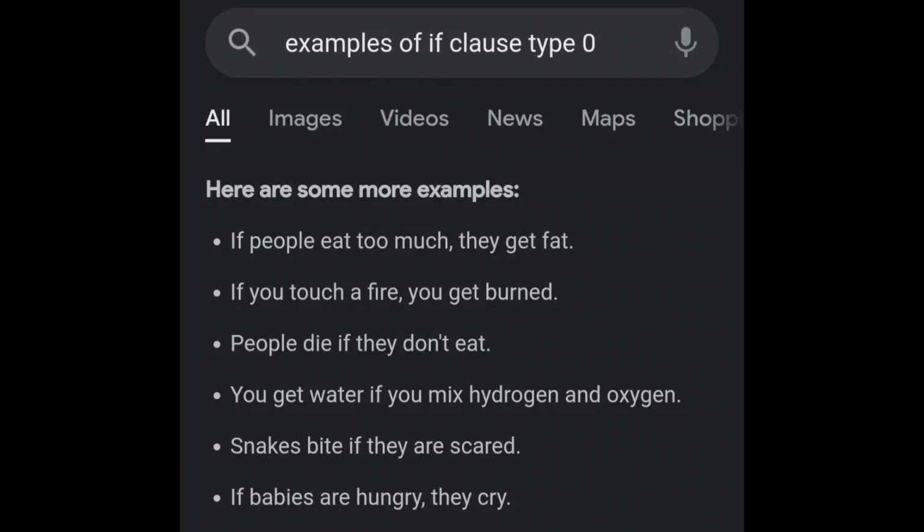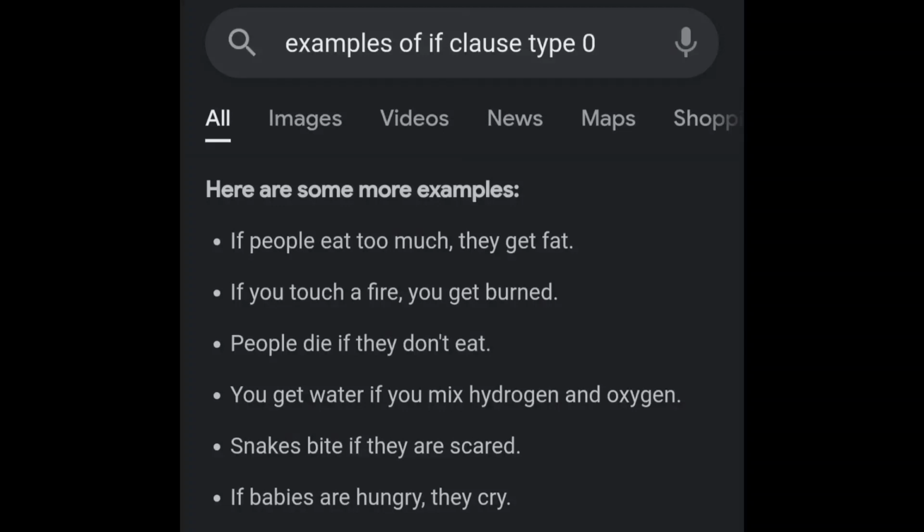If people eat too much, they get fat. If you touch a fire, you get burnt. People die if they don't eat, etc. As you can see from all of those examples that I just gave you, all of those sentences have one very striking similarity.